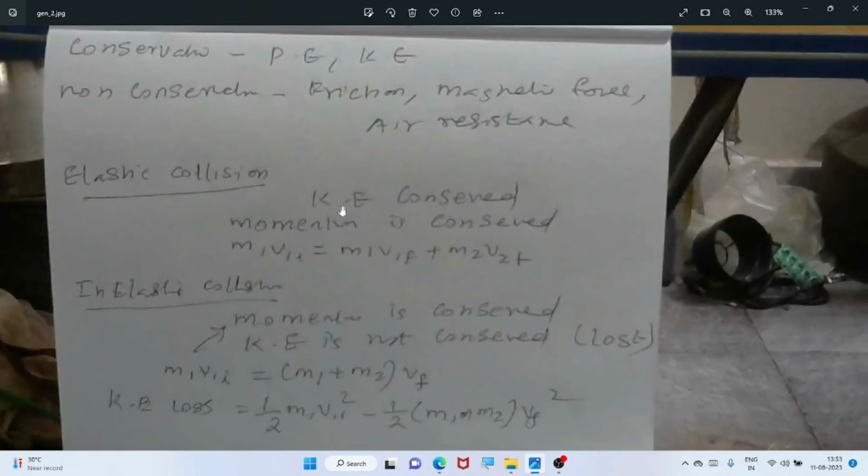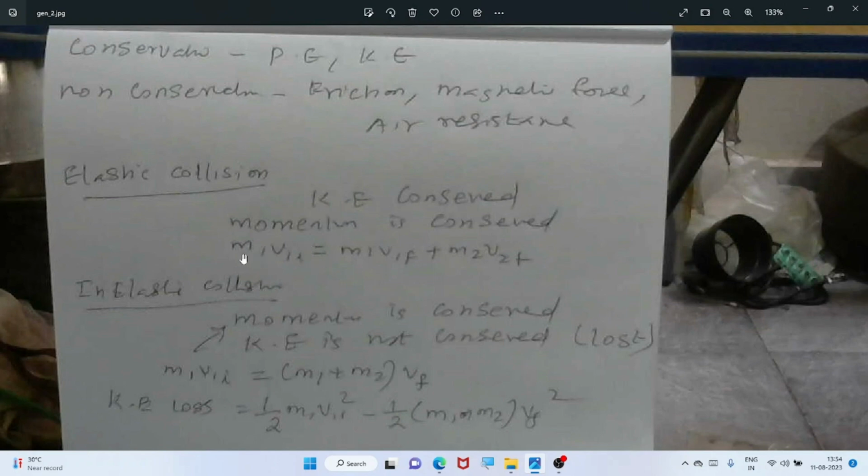Now in this chapter there are conservative forces. Potential energy and kinetic energy are conservative. Non-conservative forces include friction, magnetic force, electrostatic force, and air resistance. In an elastic collision, kinetic energy is conserved and linear momentum is also conserved.